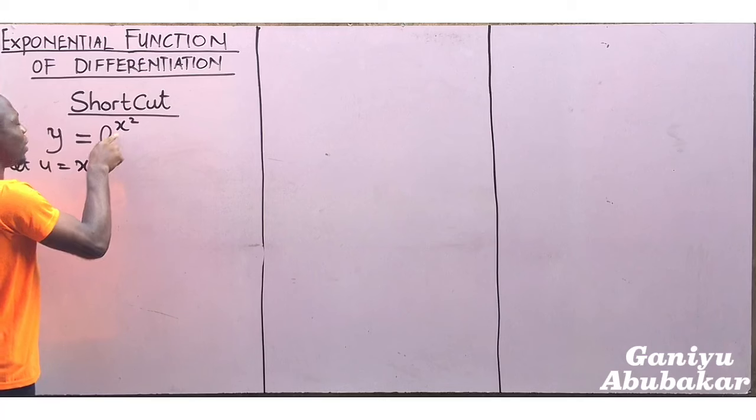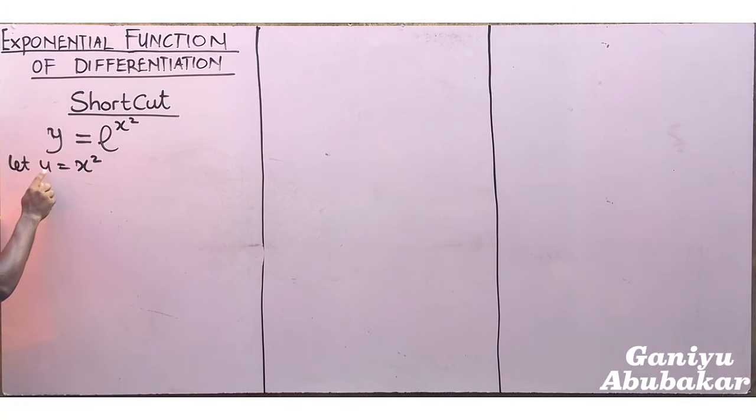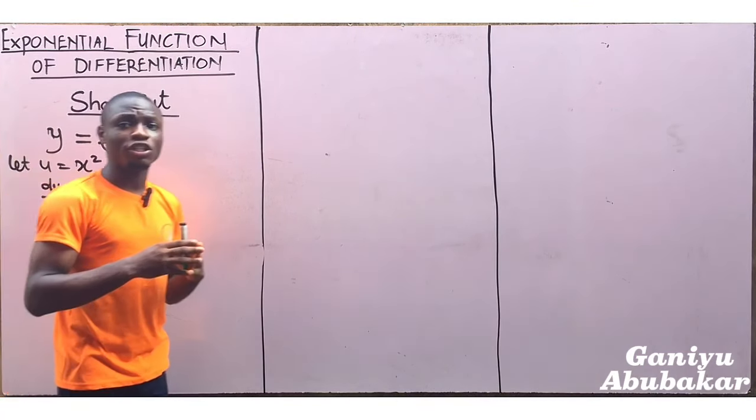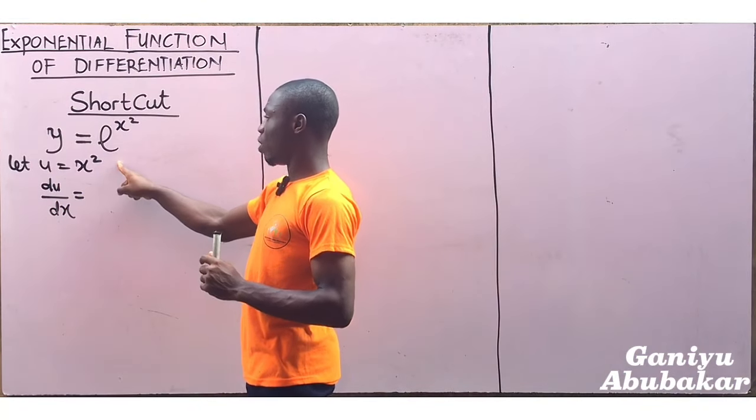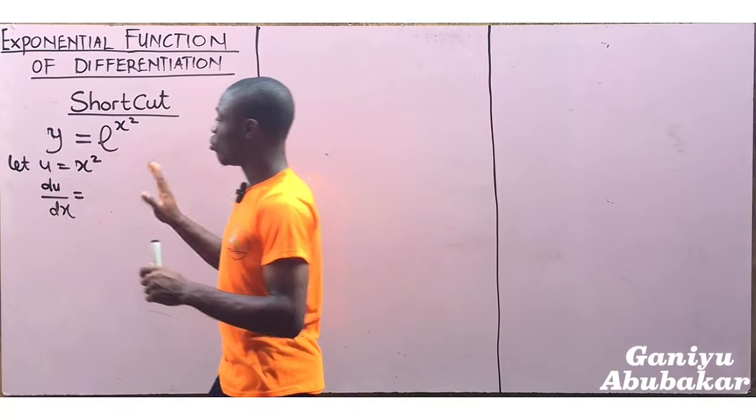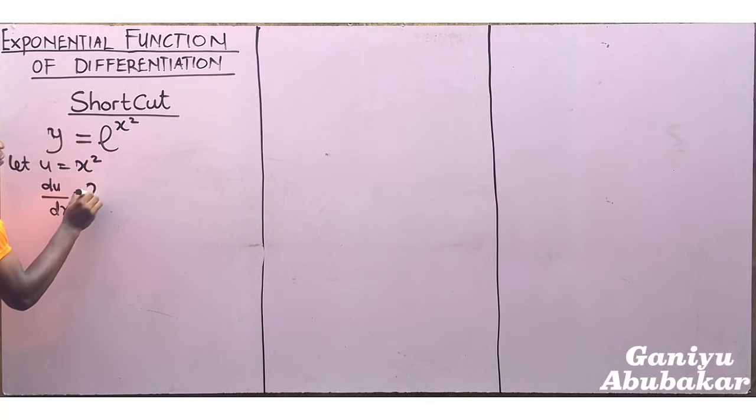If u is x squared, then I'm differentiating u with respect to x, so I'll have du over dx. From the general method of differentiation, if I differentiate x squared, I'll have 2x.